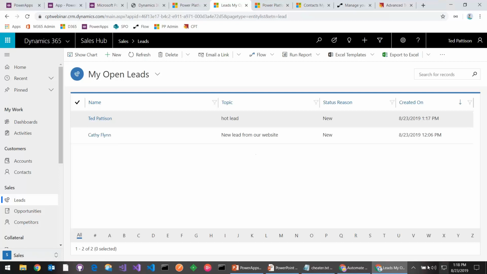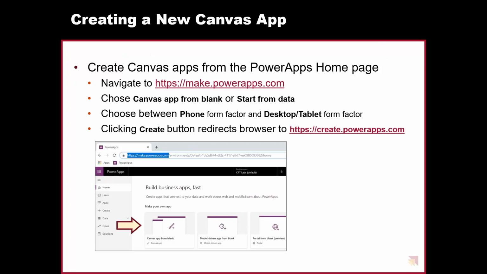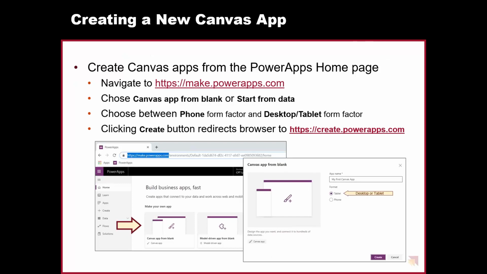right into your entities. Okay, now a little bit more about Canvas apps. When you work with Canvas apps, you either choose tablet, which is really tablet or desktop full browser width, or mobile. Okay, we're starting to make strides in Canvas apps where you can create a truly responsive app that will adjust to a mobile device.